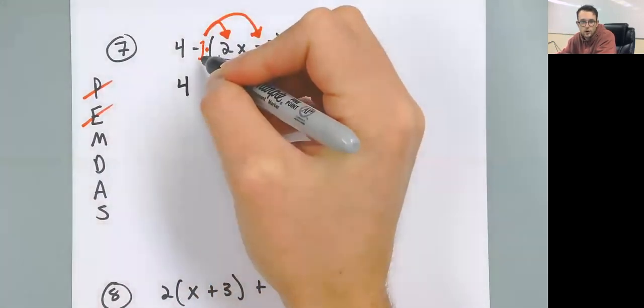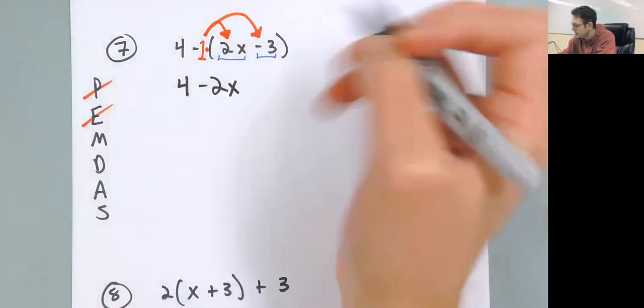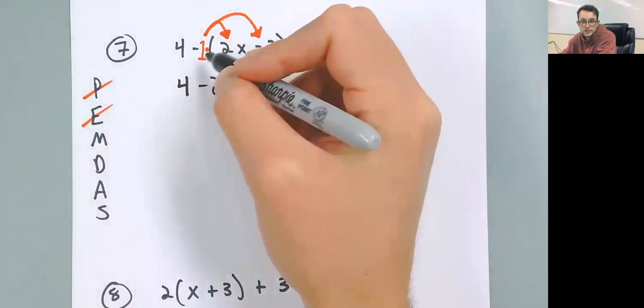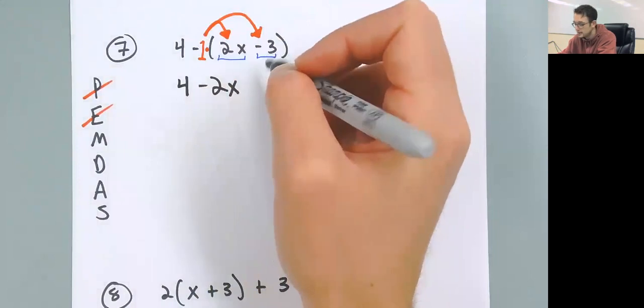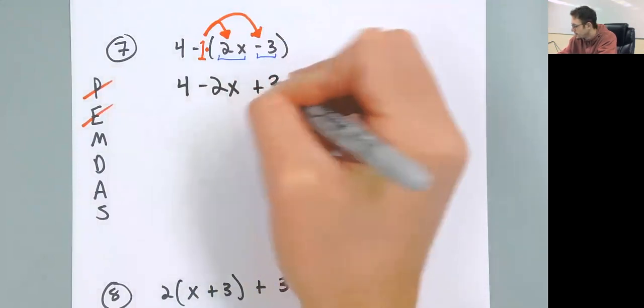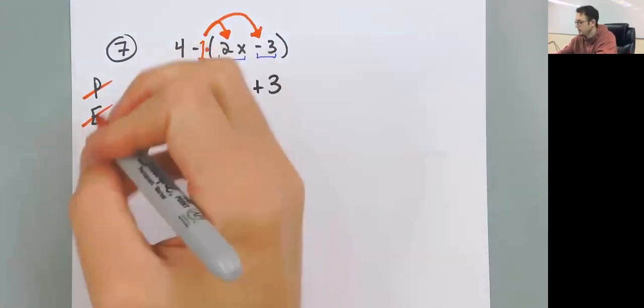What is -1 times 2x? -1 times 2x is -2x. What is -1 times -3? -1 times -3 is +3.